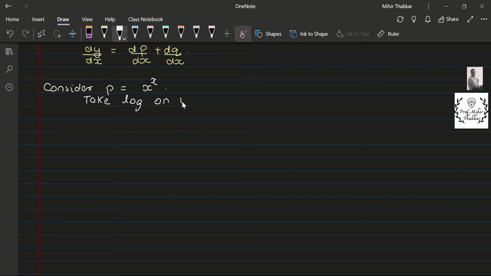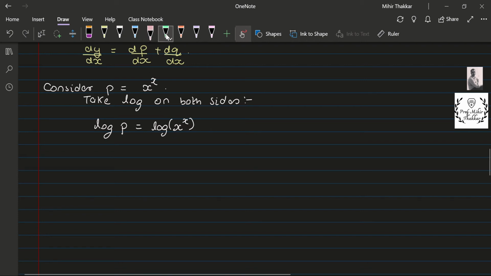take log on both sides. Log of p is equal to log of x raised to x. As per the property of log, this x variable goes in front of the log and it becomes log p is equal to x times log of x.